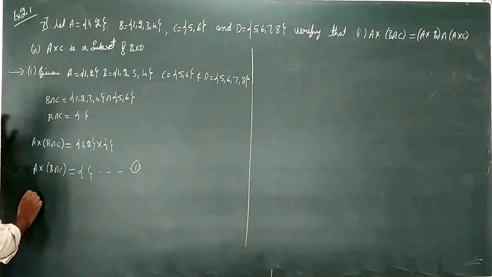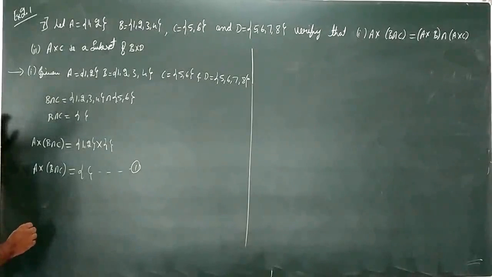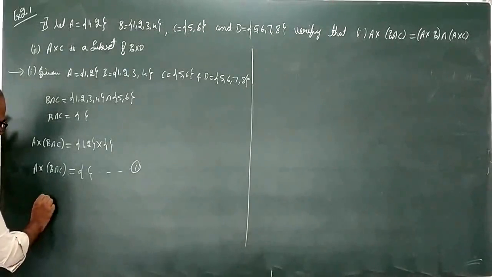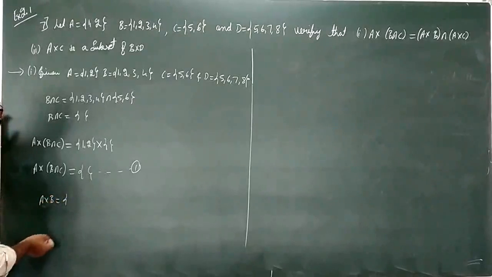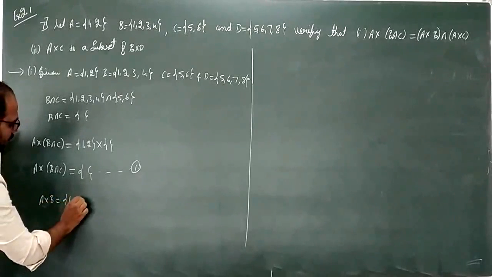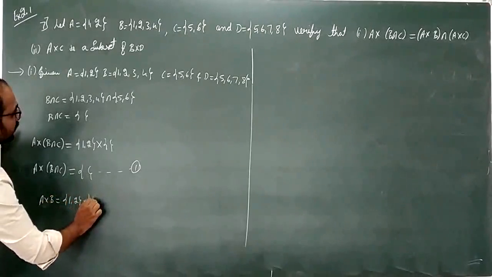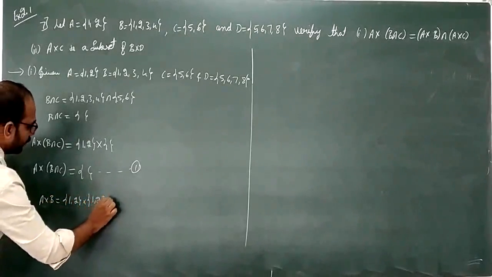First I am finding A cross B, that is set A is 1 2, cross set B is 1 2 3 4.